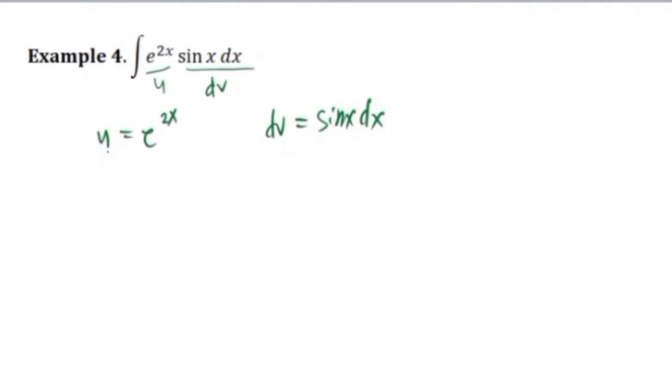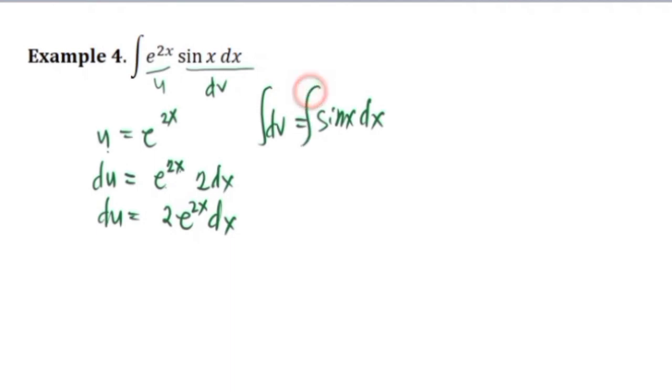So taking the derivative of this, so we have du is equal to e raised to 2x. So ang derivative lang naman nito ay e raised to v dv. So yung v natin is 2x, so we have to multiply here the derivative of the exponent. So derivative of the exponent 2x is 2 dx. So if we rewrite this, we have du is equal to 2e to the 2x dx.